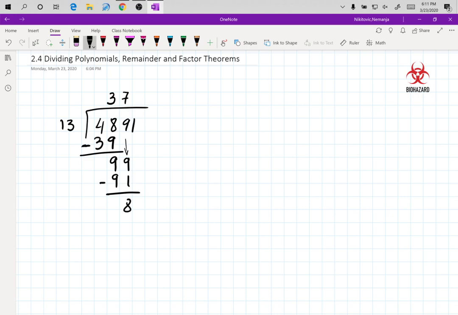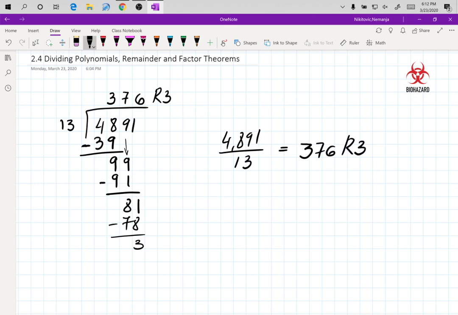Subtract. We get 8. Drop down 1. Okay, so that has to be 6 because the 7 gave us 91. Then 6 will give us less than that. So 6 times 13 is 78 over here. And when we subtract, we get remainder of 3. Much better. So 4,891 divided by 13 is going to give us 376 with the remainder 3.